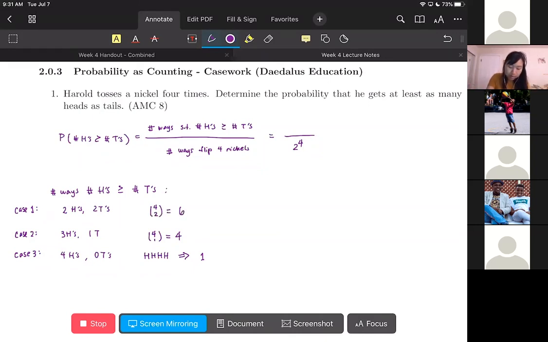Then to get the total number of ways Harold can toss the nickel to get at least as many heads as tails, we want to add all of them. So this gives us 6 plus 4 plus 1 equals 11. So let's go back here. Put 11 here. So this gives us 11 over 16.